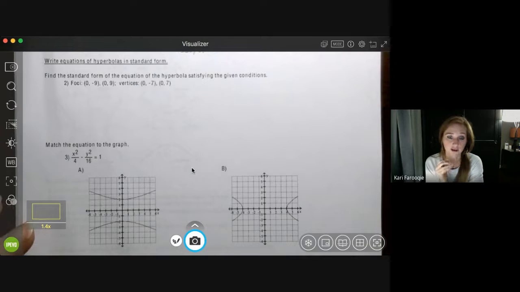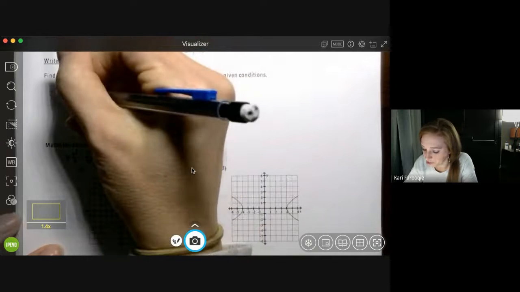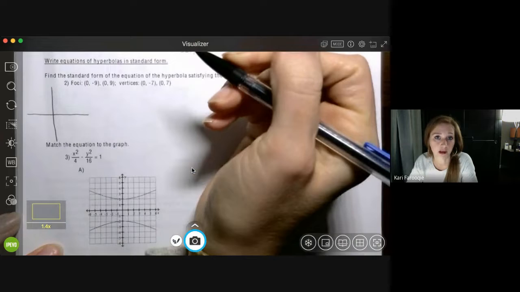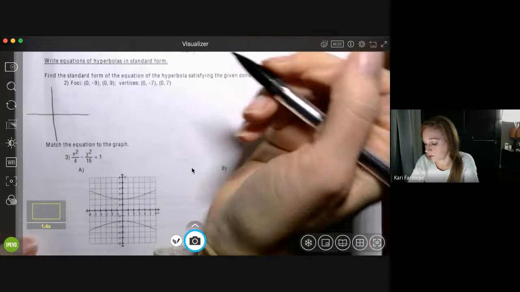Anytime you're being asked to write an equation given information, I always suggest you jot down a quick sketch. It doesn't have to be beautiful, but just something so that you have an idea of what's going on, so you can get a basic equation to use to move forward with.